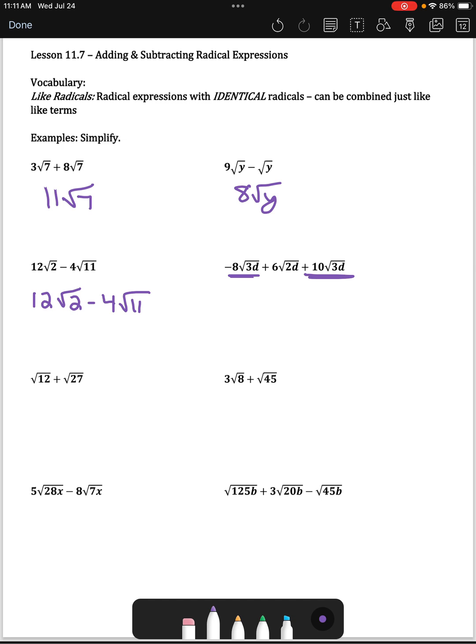So -8 plus 10 of a thing means you have 2 of the thing, which is our root 3d. And the other radical expression, the 6 root 2d, it's a different type of radical. 3d and 2d are not the same thing, so we can't combine it with the other radicals.